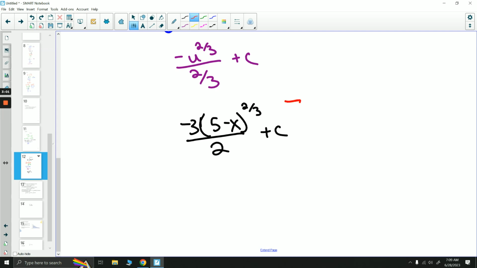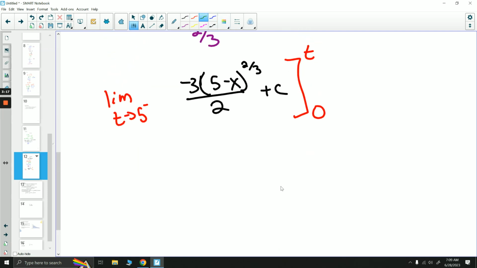Okay, so what we want to do is take this from 0 to t, and take the limit as t approaches 5 from the left-hand side and see whether this thing converges to something or not. Plugging in our t, it's the same as doing x. We could just call it x, but we'll do it with t.